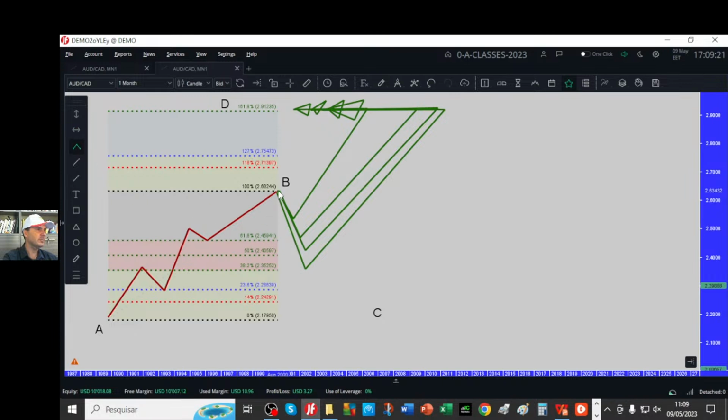Now pay attention, everybody. When the market breaks 382 but it doesn't touch the blue one, 23%, the extension is still the green. Okay, only when the market touches or breaks the blue, then the appropriate extension is the blue.